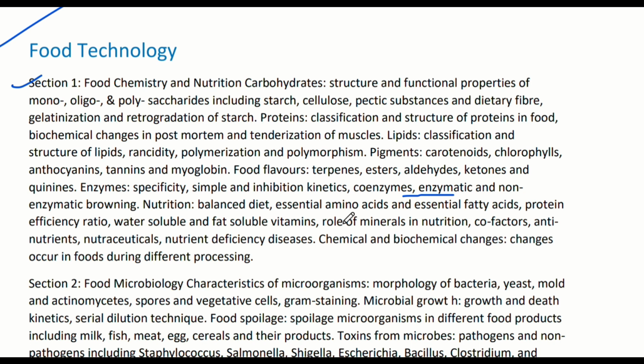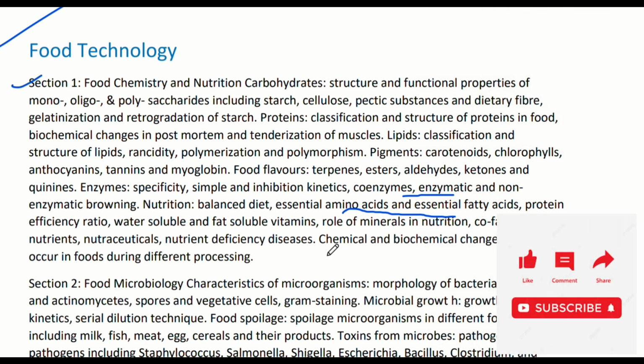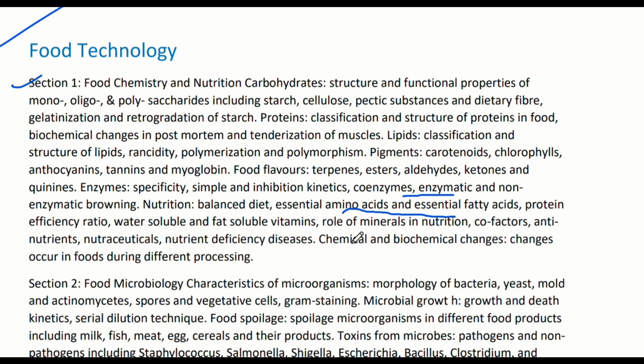Nutrition, balanced diet, essential amino acids and essential fatty acids, protein efficiency ratio, water-soluble and fat-soluble vitamins, role of minerals in nutrition, cofactors, anti-nutrients, nutraceuticals, nutrient deficiency diseases. Chemical and biochemical changes occurring in foods during different processing.